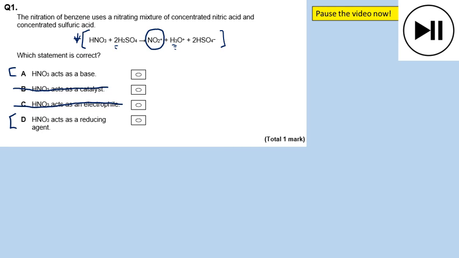HNO3 is a reducing agent. Well, we could assign oxidation states and have a look through what's happening. Or, if you do recall, when we put these two together, I said that the sulfuric acid is the stronger acid and acts as an acid, forcing the HNO3 to act as a base, and that's what happens. So in this process, the HNO3 is acting as a base.